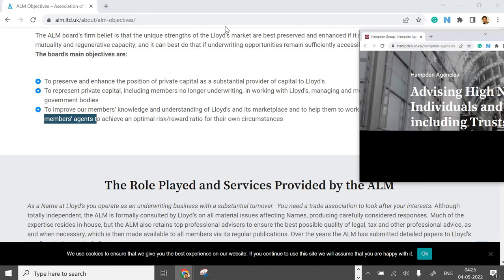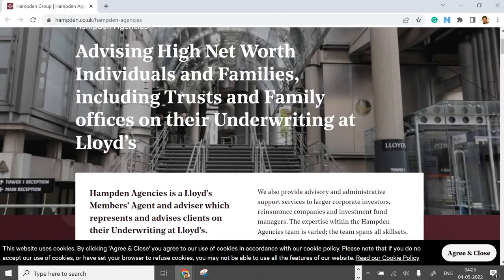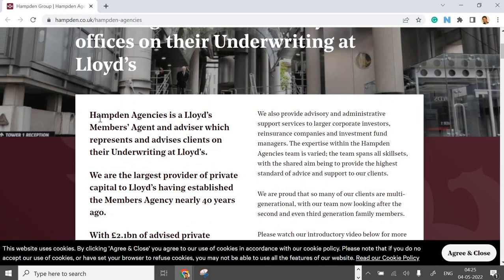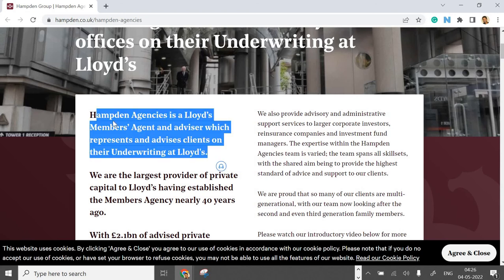For example, one of the members' agents is Hampton. Hampton is a Lloyd's members' agent and advisor which represents and advises clients on their underwriting at Lloyd's.